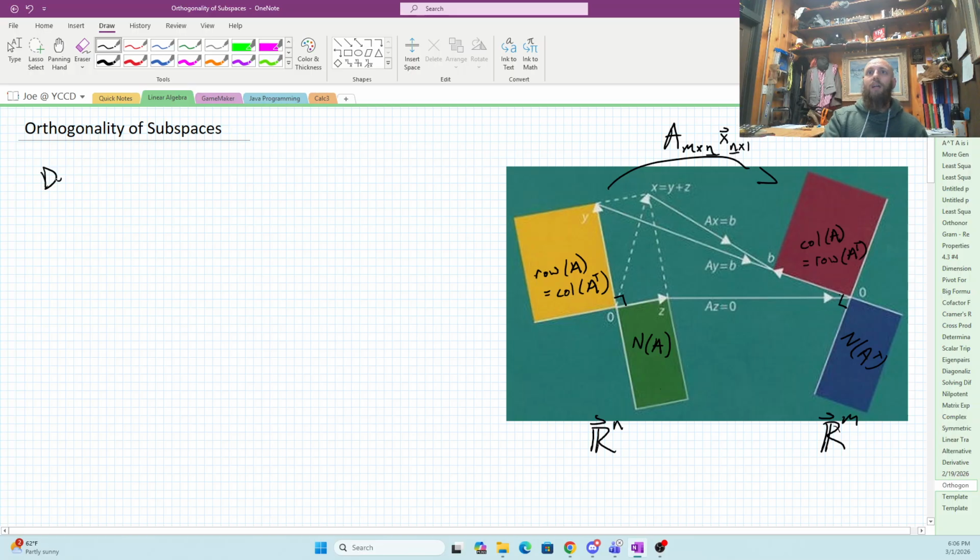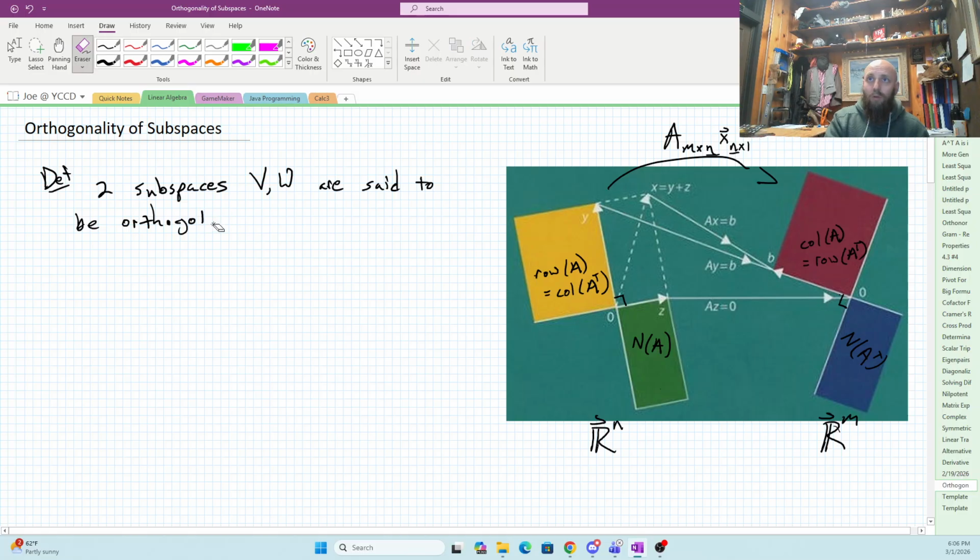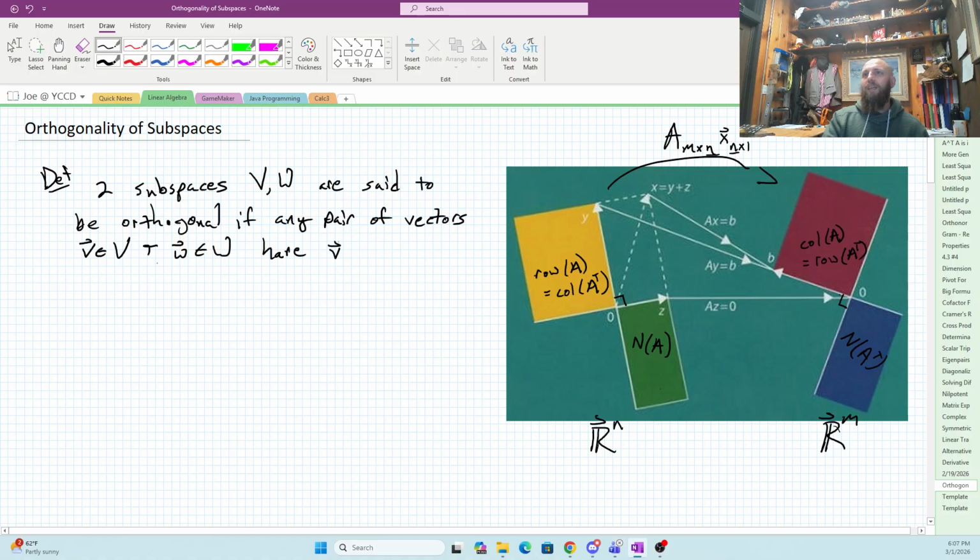So we want to say something like: two subspaces, I'm going to call those V and W, are said to be orthogonal if any pair of vectors v, which is in V, and w, which is in W, have v dotted with w equal to 0.